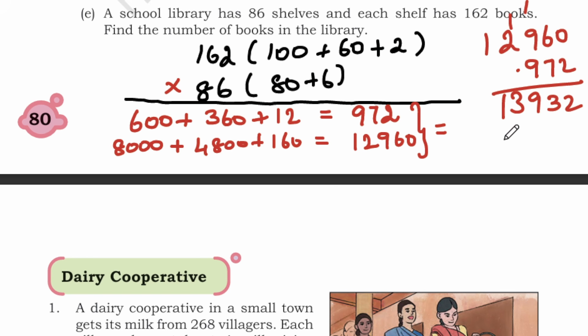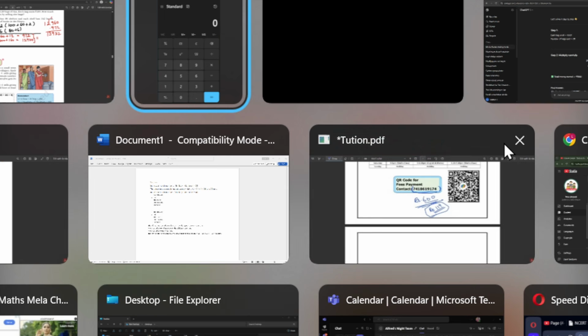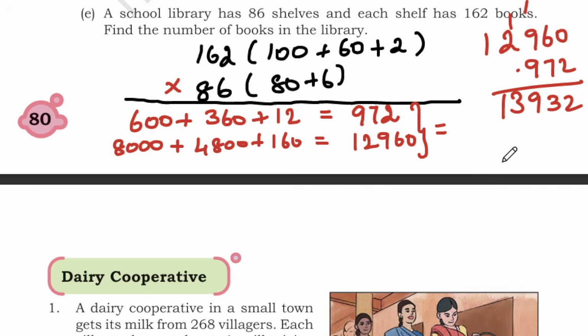So the answer is, is it visible, students? Yes, 13,932. Okay, so therefore the total number of books in the library, which is 162 into 86, is 13,932. You have to finish the answer like this.